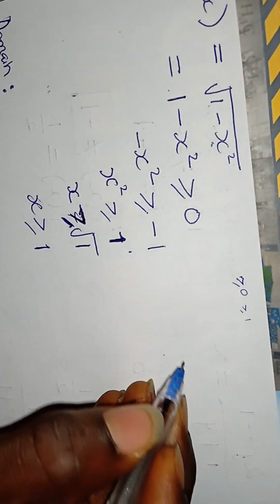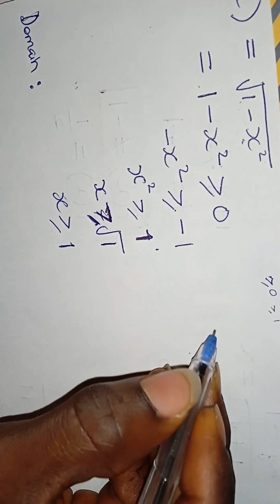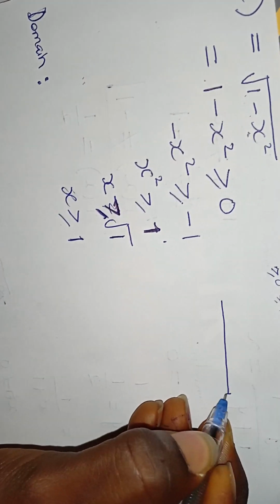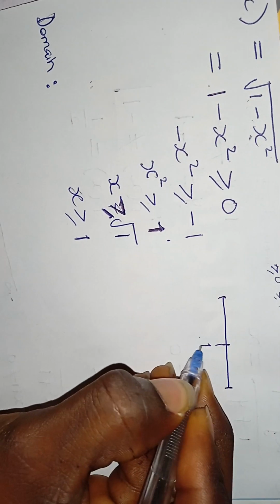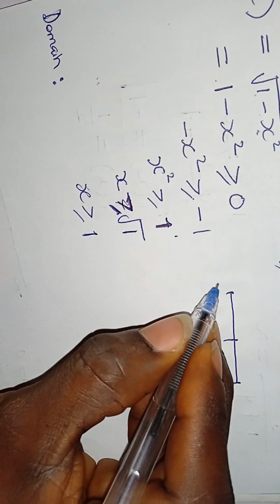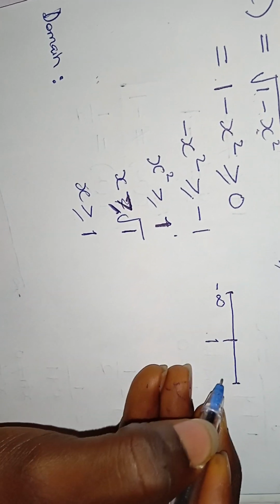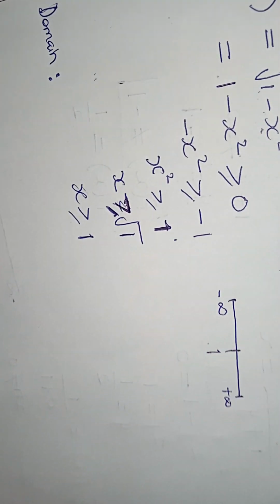So if I'm drawing the interval notation for this domain, I have 1, and I have my negative infinity and my positive infinity.